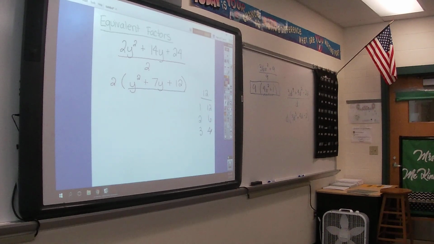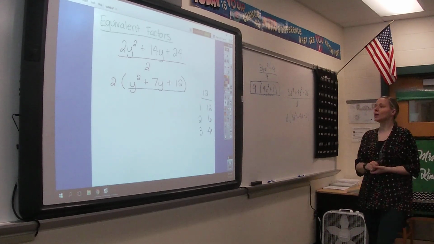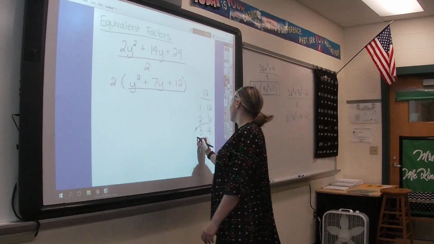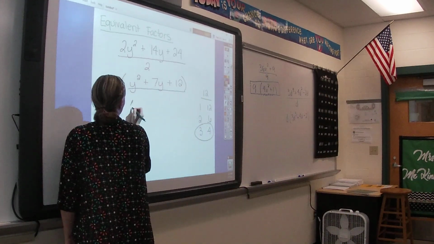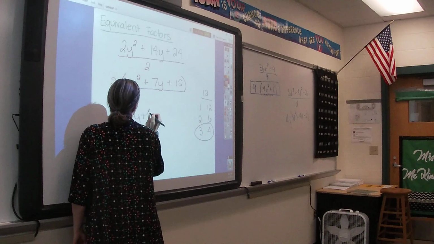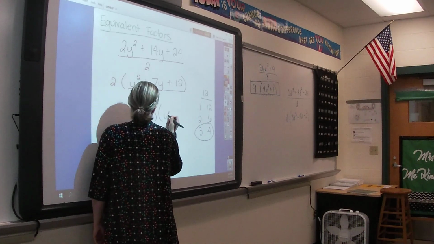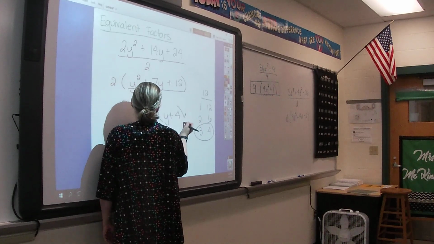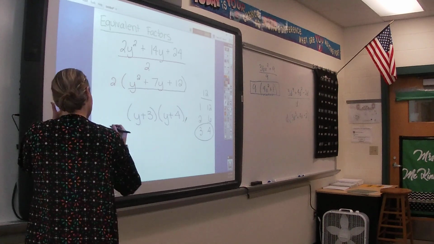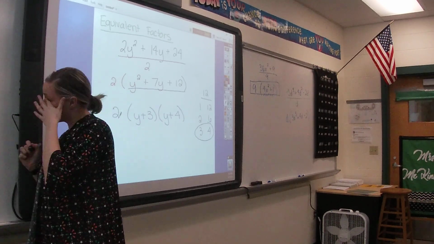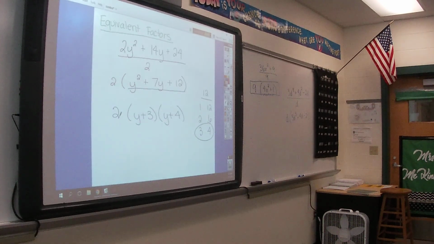Which set are we going to pick? 3 and 4. Everything's positive, so we keep with positives. So this becomes a y plus 3. You bring the 2 down. And a y plus 4. And our 2 comes down in front. We have now factored this completely.